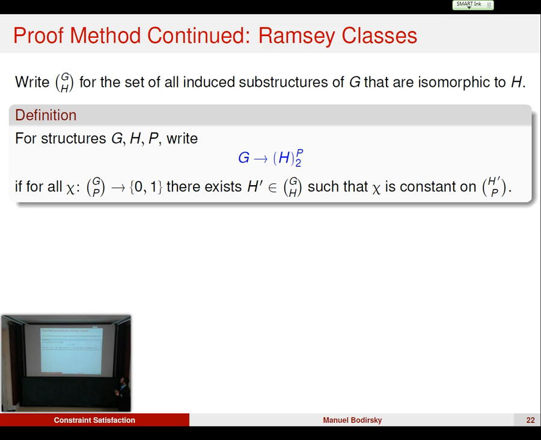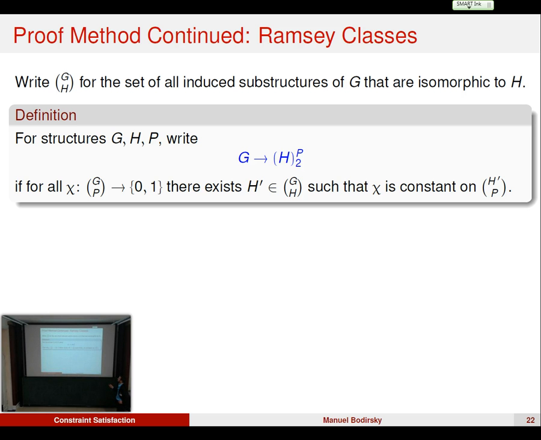The main difference here is that he mainly worked in a non-structural setting, but here I want to extend the Ramsey setting to structures that have some structure. So I'm writing G over H for the set of all induced substructures of G that are isomorphic to H. I'm generalizing Ramsey's theorem to substructures and embeddings and so on.